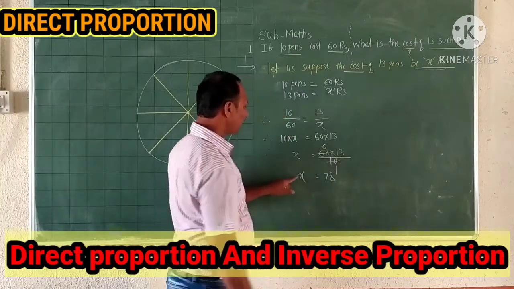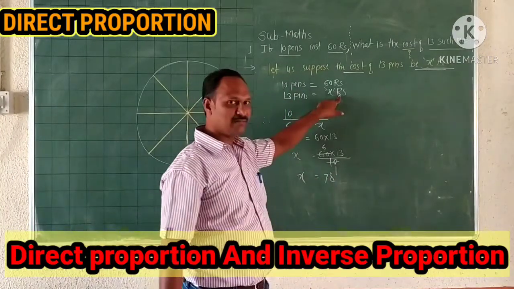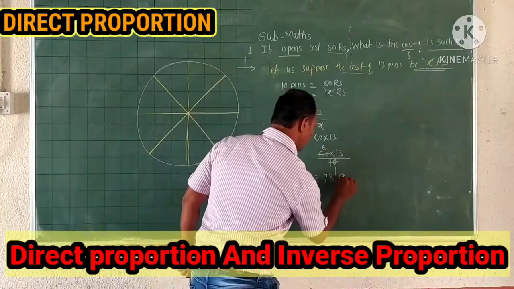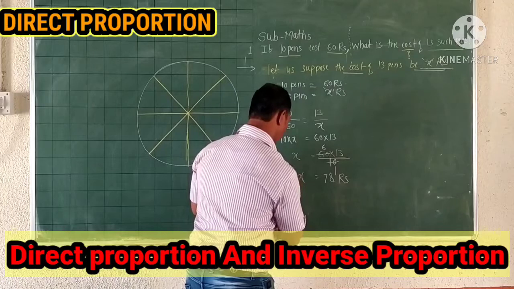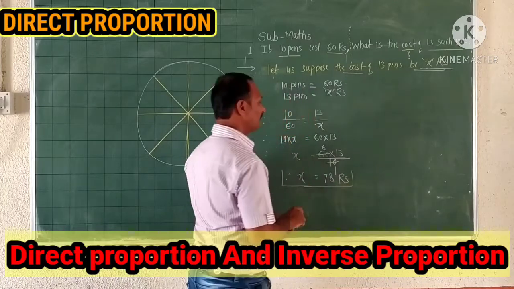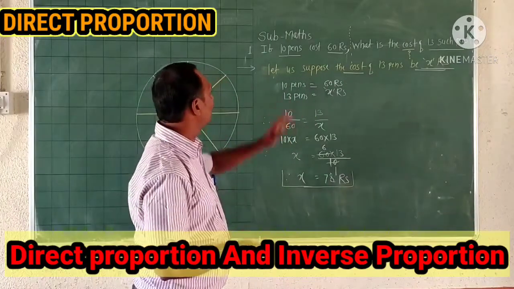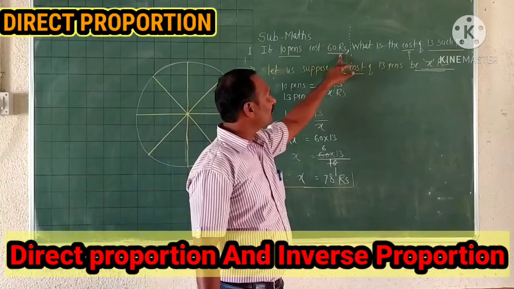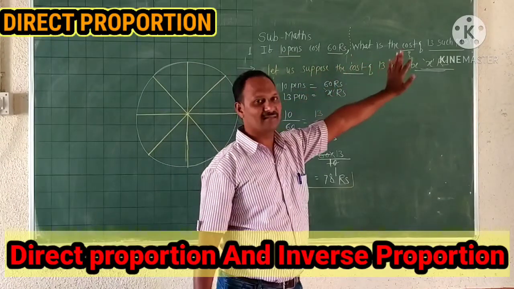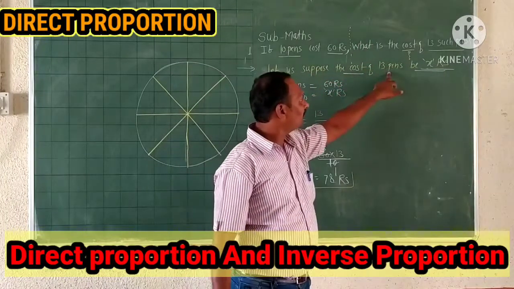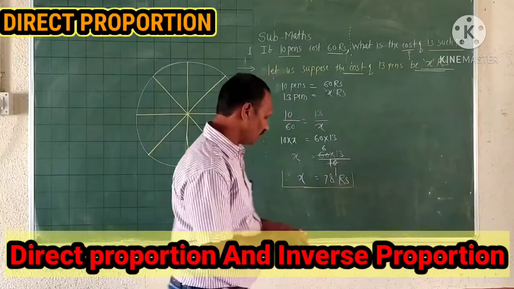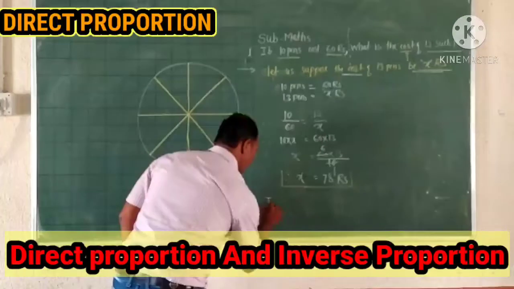Wait, what is the value of X? X will be what here? Rupees. So here write X is equal to 78 rupees. Now you are asking the question: 10 pens cost 60 rupees, what is the cost of 13 pens? That is the question. Then you write the cost of 13 pens, how many? 78 rupees. You write here. What is the answer?